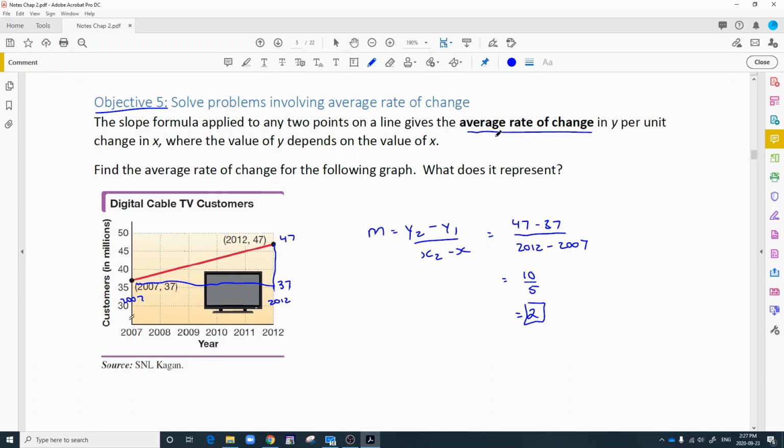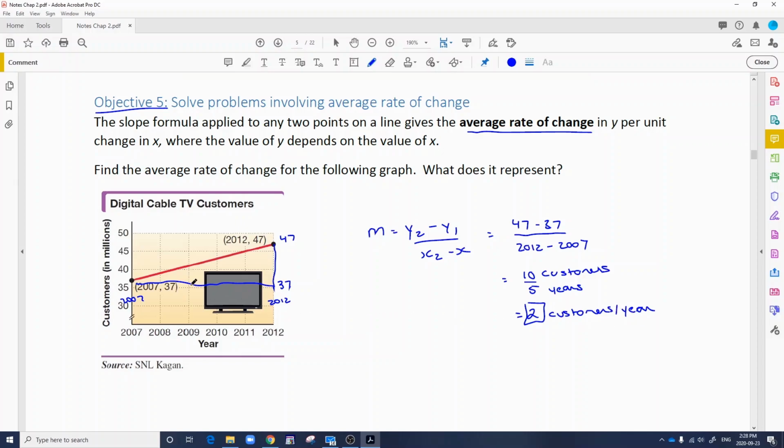It's called the average rate of change. It's the units that you can figure out what it means. So this is the 10 customers in 5 years, or over 5 years. When you do 10 divided by 5, you get 2, which means that the rate of change is 2 customers per year.